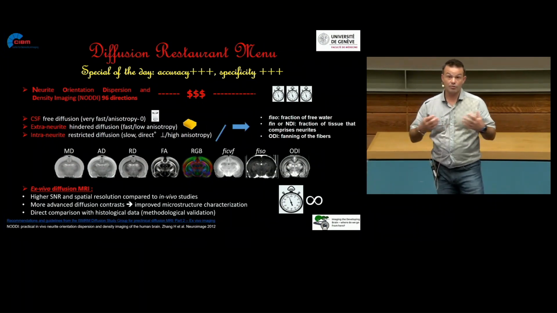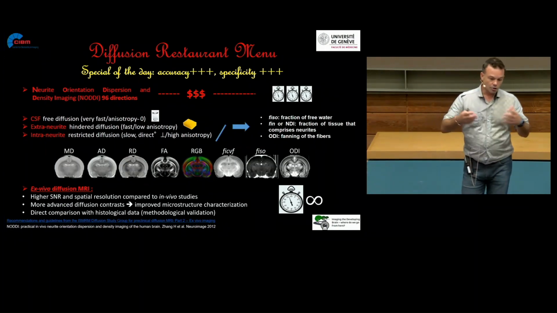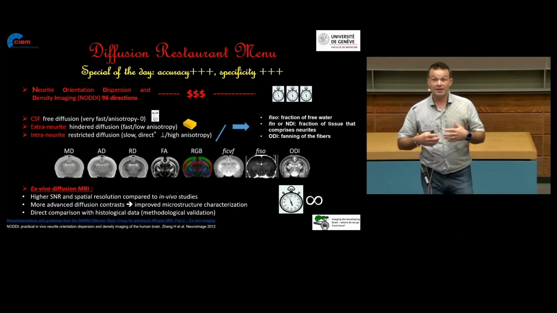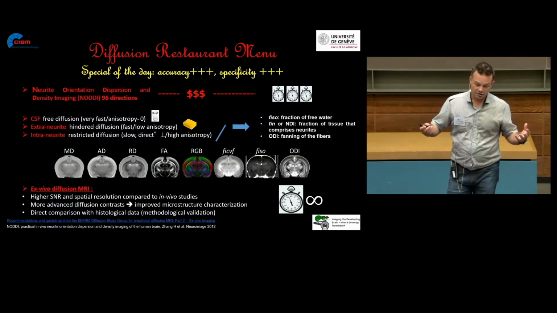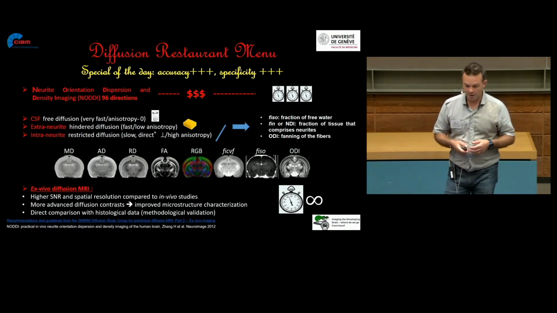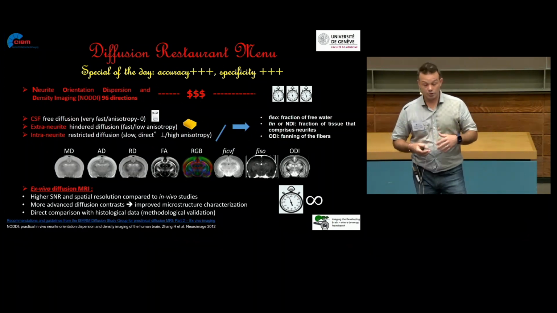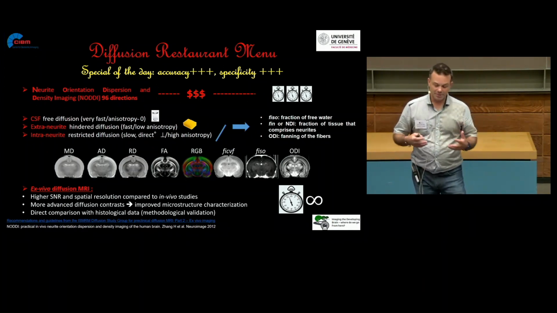With ex vivo diffusion, you can leave your sample for 24 hours in the magnet. So you will increase the SNR, you will have more accumulation, you can also increase the resolution of your images. You can use diffusion B values that are higher.